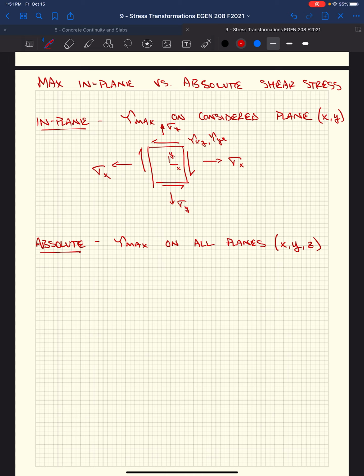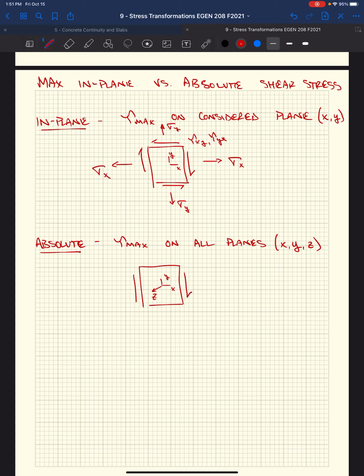Just blowing minds. So we've got our stress block, and this is x, this is y. And acting out of plane, out of our paper, is this z-axis.